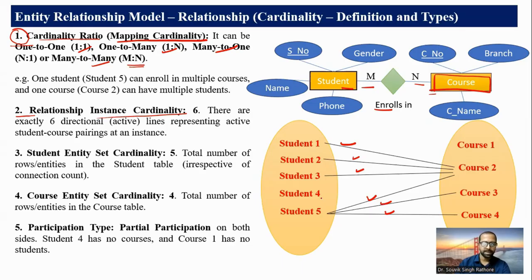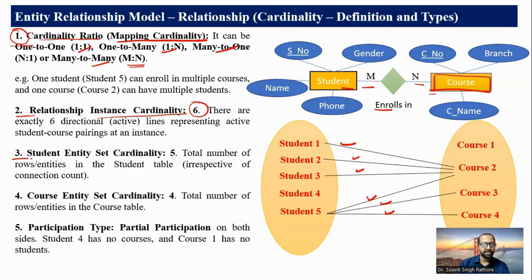Remember, relationship instance cardinality refers to the number of actual relationship occurrences or associations at a particular instance of a database. This situation may vary, but at this particular instance, we are seeing 6 connections. Therefore, the relationship instance cardinality here is 6.